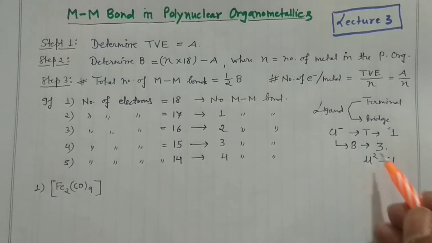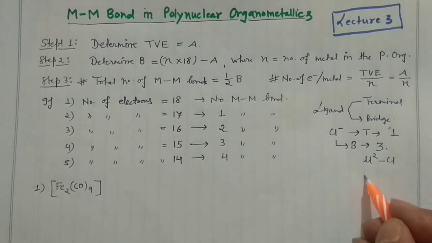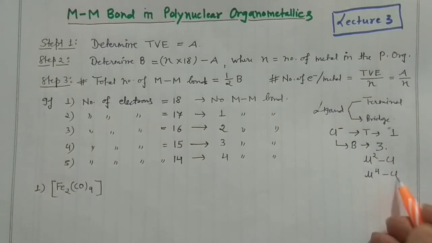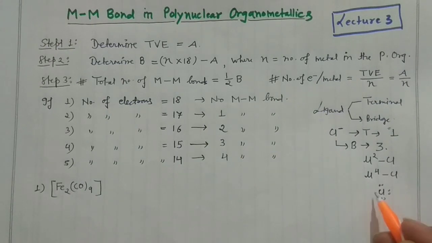But if it is connecting more than two metals, say for example I am having mu4-Cl, then if you see the electronic configuration, 1, 2, 3, 4, 5, 6, 7, this is the valence electronic configuration of the Cl negative.